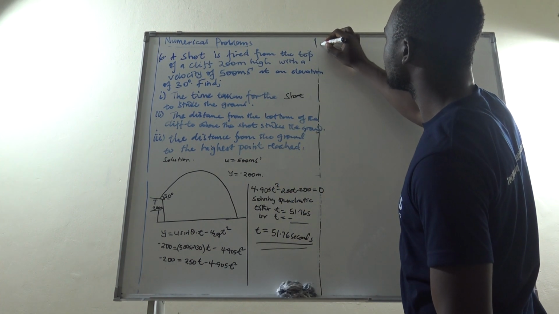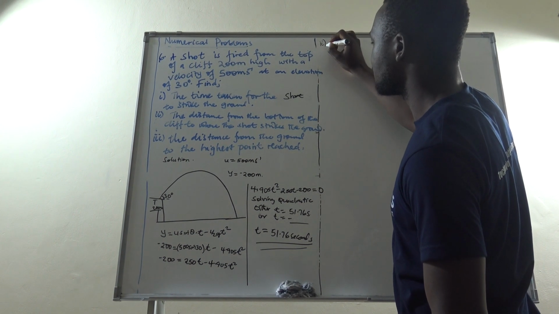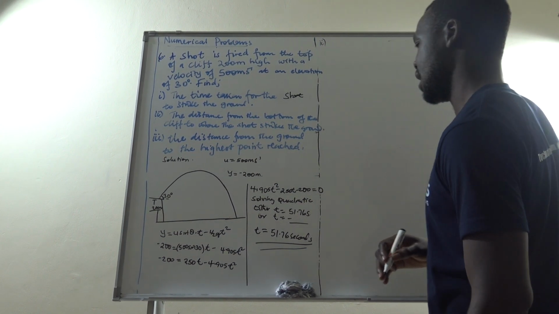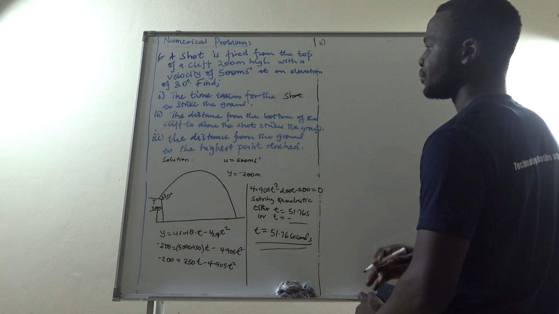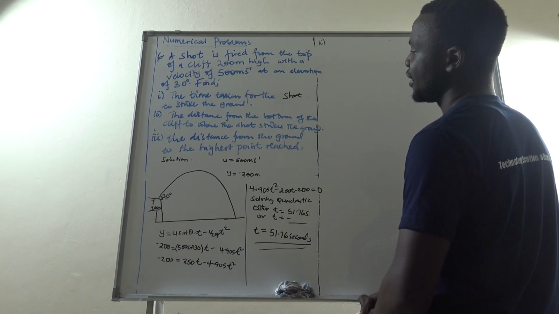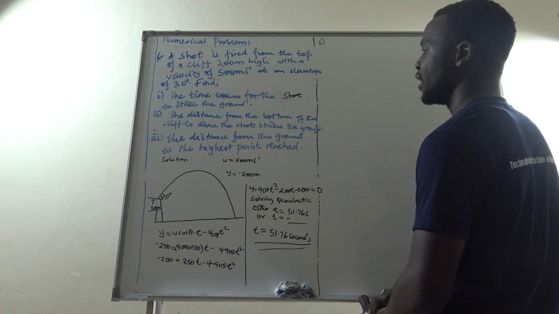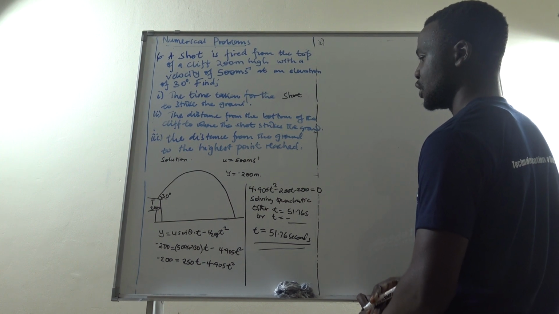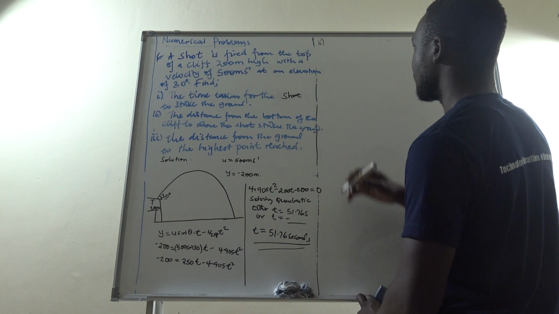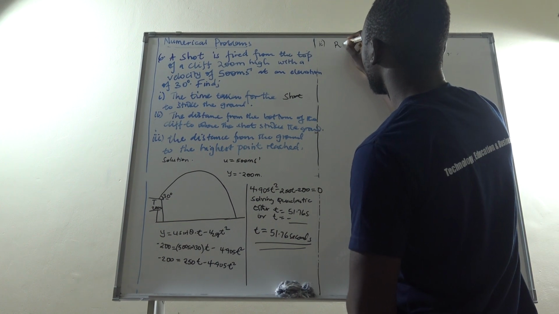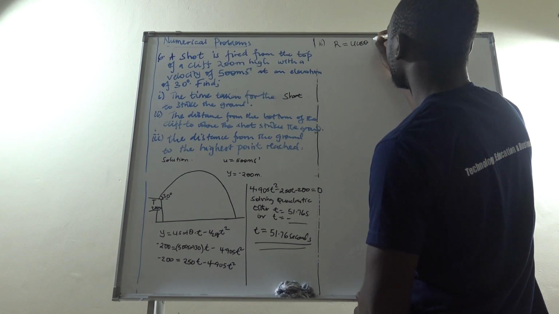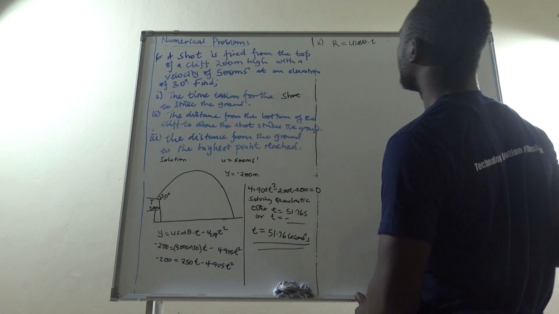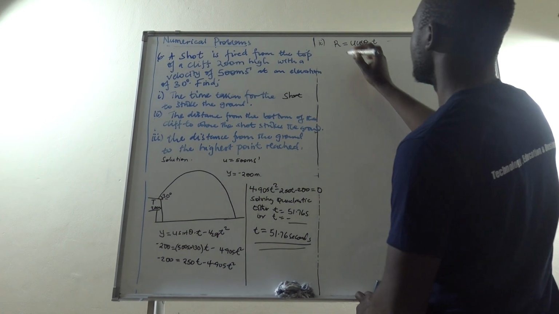Now let's come to Roman numeral 2. Roman numeral 1 has been answered. They are saying that we should find the distance from the bottom of the cliff to where the shot strikes the ground. In other words, they need us to find the horizontal range, which we got from the expression u cos theta times t.